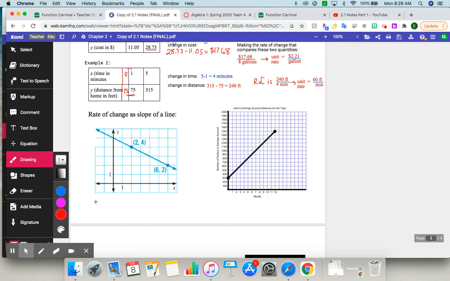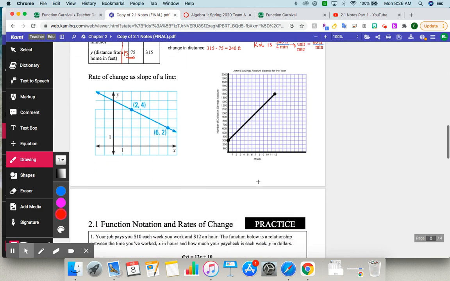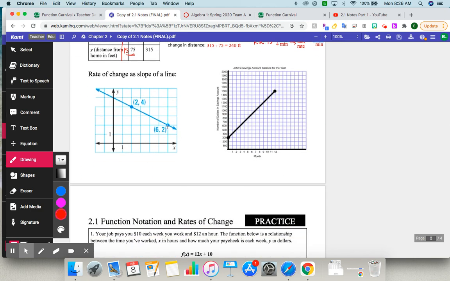Lastly, we can still find our rate of change as the slope of a straight line. So just like up here where we were comparing the vertical distance to the horizontal distance, that's essentially the same thing that we're doing to find the slope of a line. So in this first case, I've got my 2 points here and here. So my change in my outputs would be the length of this vertical line.